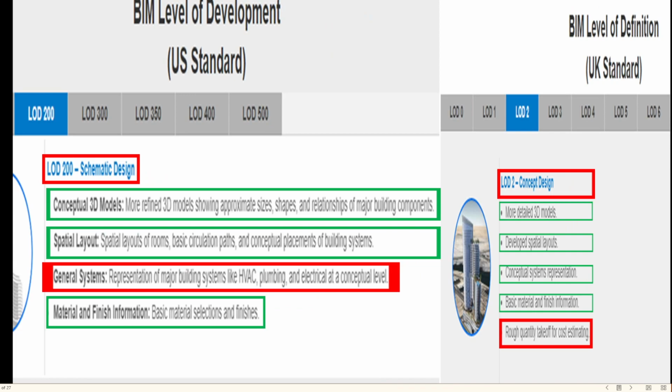While the schematic design LOD 200 is seen in the US standard, LOD 2, called concept design, is seen in the UK standard.